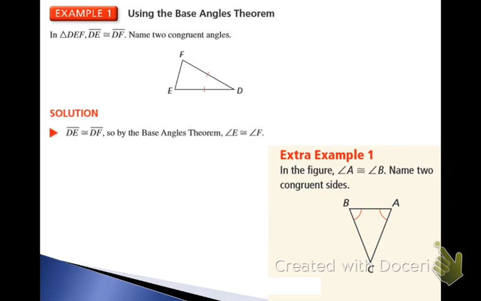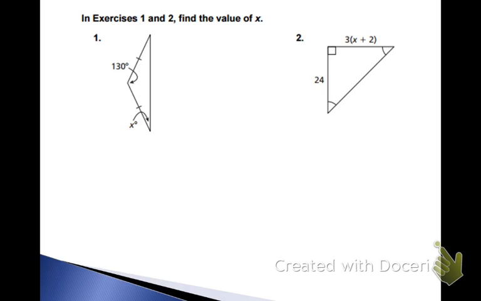All right, let's do this. So here is where numbers come into play. These top two will be very similar to the ones on your quiz or test. They're fairly simple. Number one, what kind of triangle are we looking at? So isosceles. All right, I know I have two congruent sides. So that means I have how many congruent angles? Two of them. The angles across will be congruent.